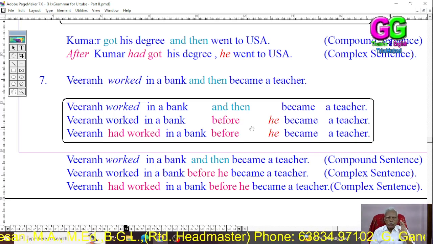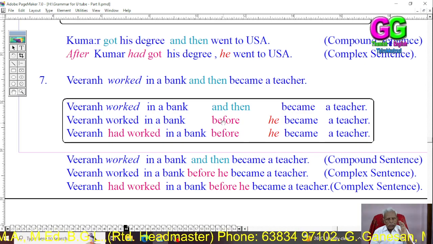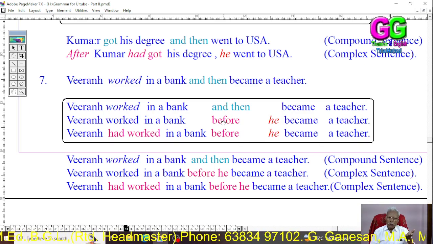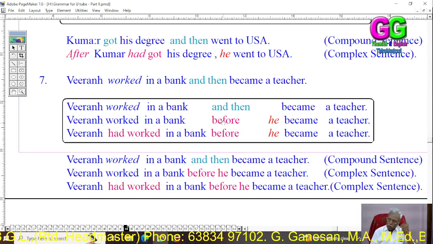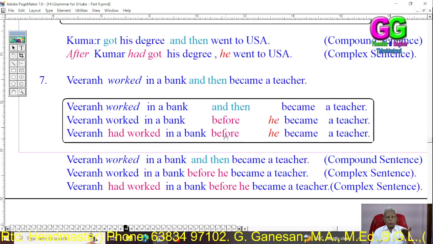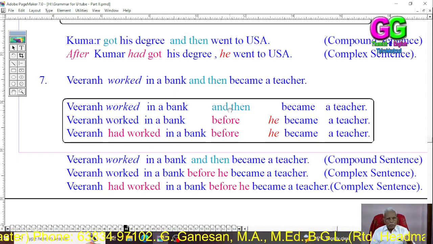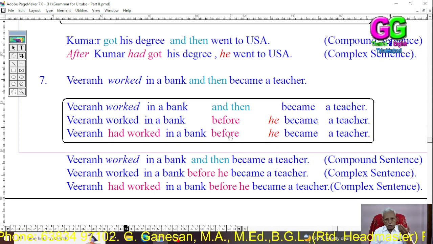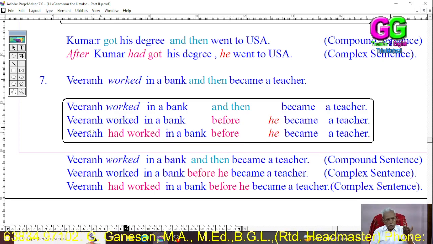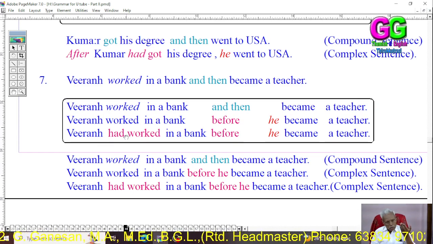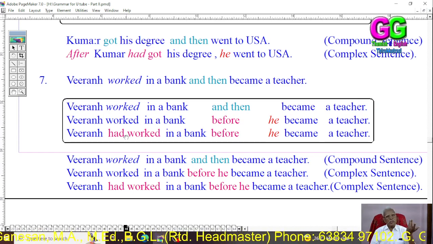This compound sentence can be expressed as a complex sentence in both these ways. Either Veeran worked in a bank before he became a teacher, or Veeran had worked in a bank before he became a teacher.